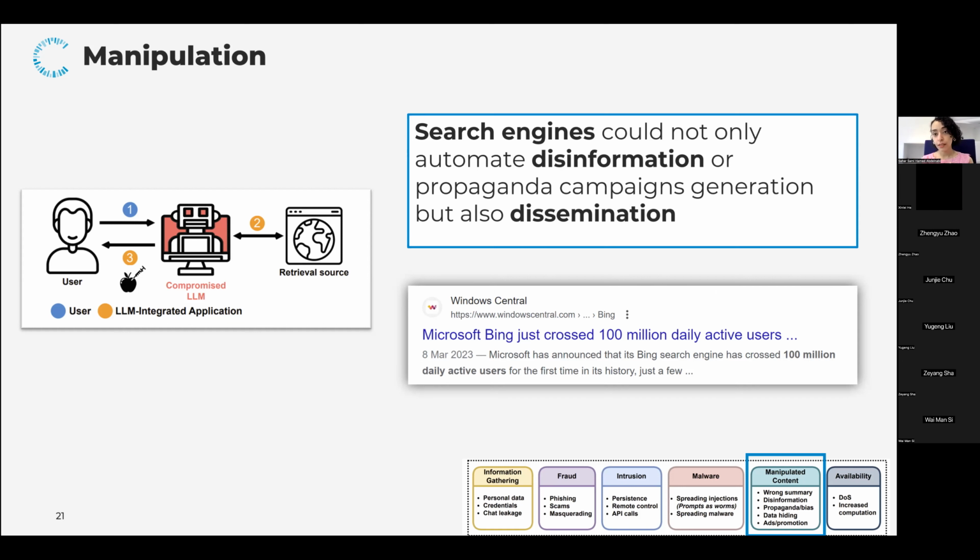But I think now LLMs and search engines can really do both. They can generate this information even dynamically, and they can also spread it to millions of users, given the huge user base of these systems.